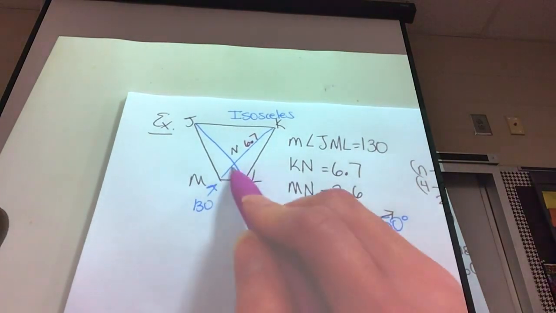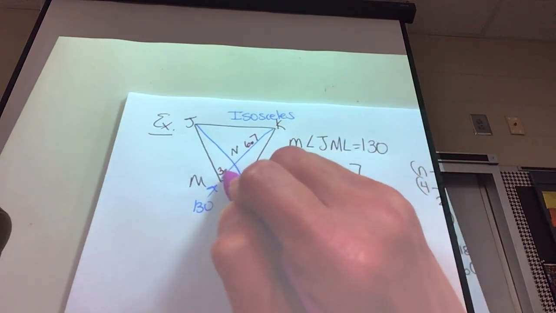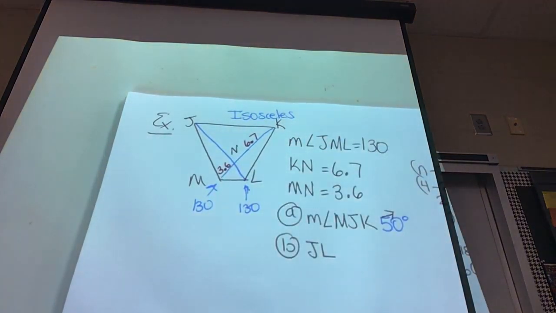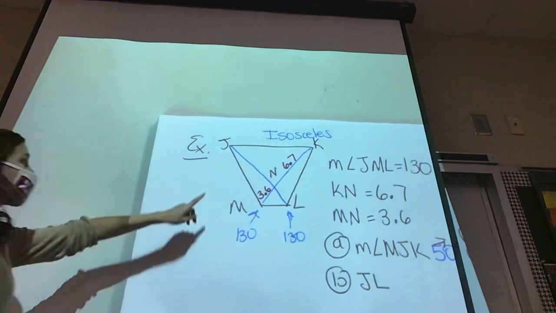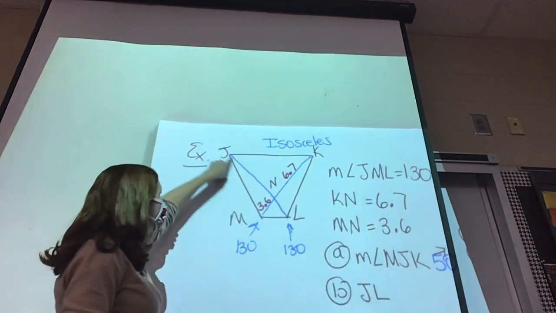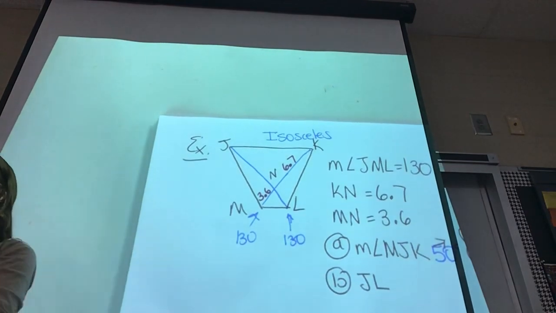And I know from M to N, this is 3.6. Now, how is that going to help me find JL? Because JL is this line. There's not even any numbers on that line. How's it going to help me?